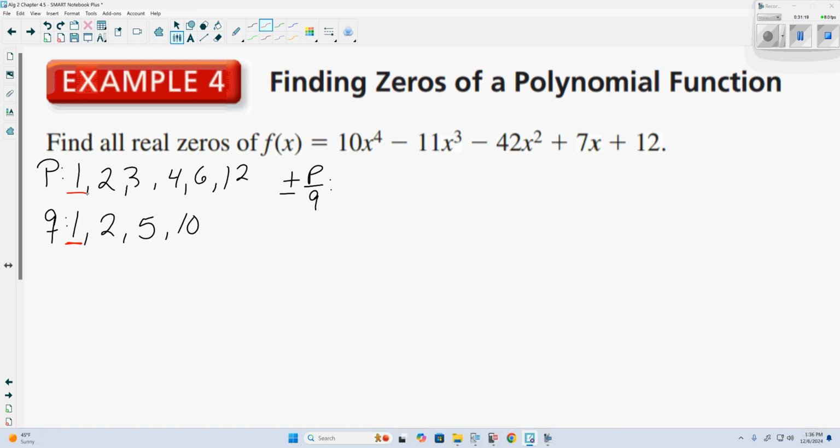Well, what is 1 divided by 1? 2 divided by 1. 3 divided by 1. 4 divided by 1. 6 divided by 1. 12 divided by 1. Because with 1, we get all those numbers back. We're just adding a plus or minus in front of it, yes?